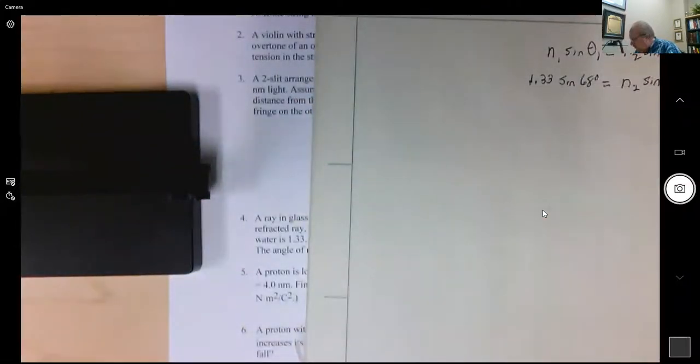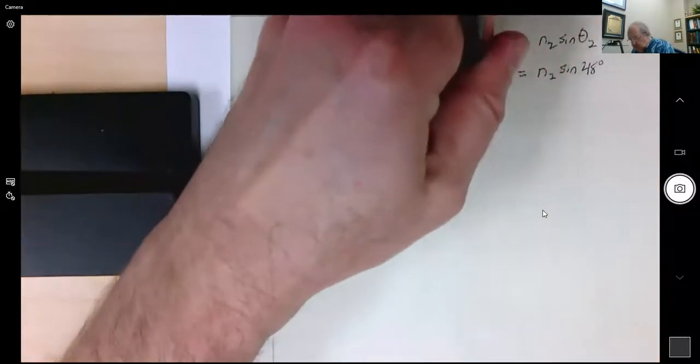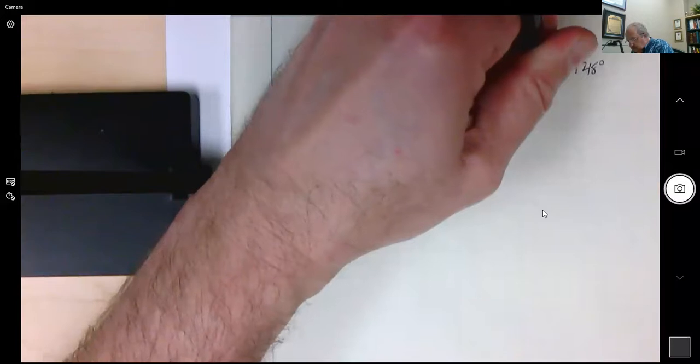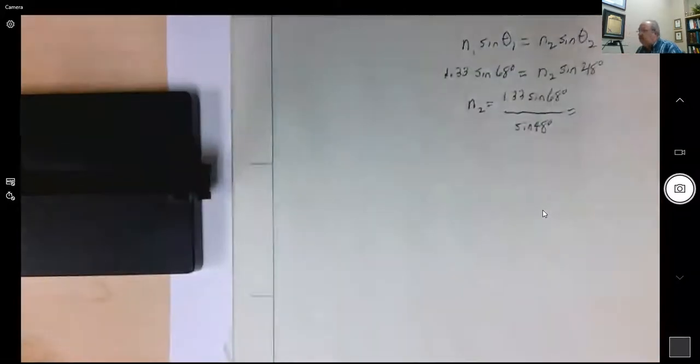Okay, so we can back solve just by taking the sine and just say N2 is equal to 1.33 times sine 68 divided by sine 48 degrees. Okay, so that can give us the index of refraction of the glass.